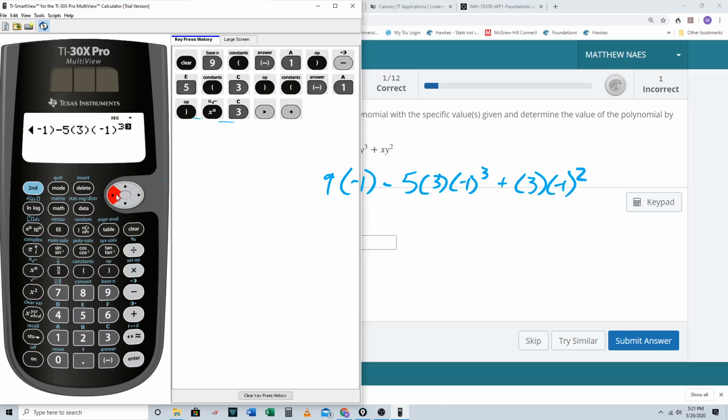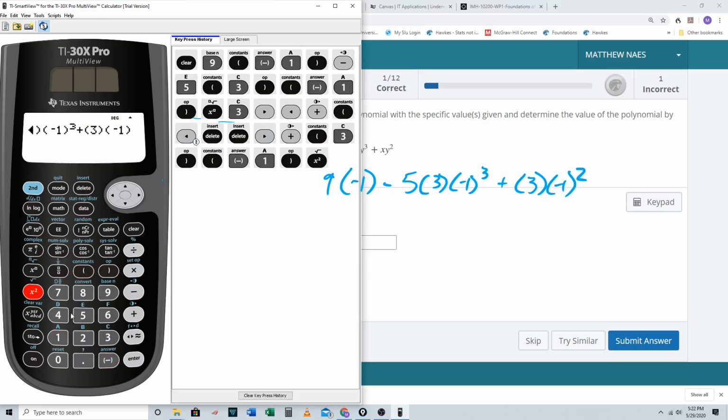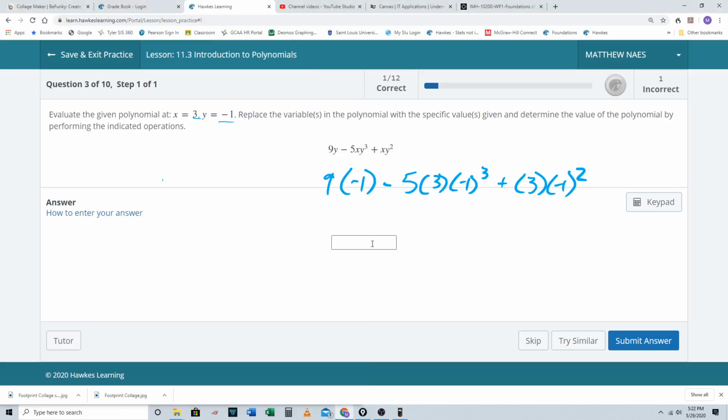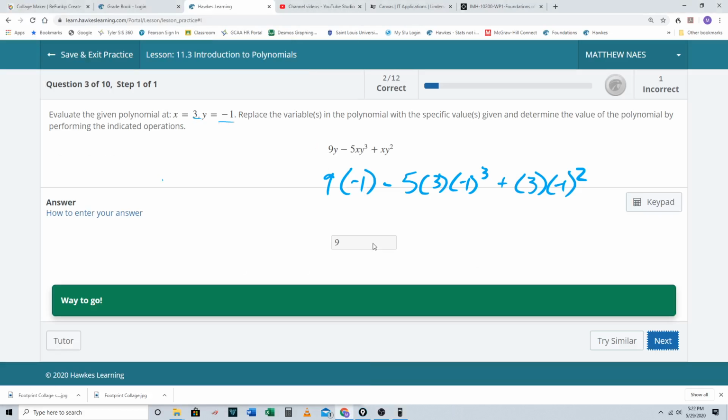Otherwise, you will be typing everything in the exponent, and I don't want anything else in the exponent. So press over, and then plus parentheses, 3 close parentheses, -1 close parentheses squared. You just type it all in exactly as you wrote it, and you'll be fine.